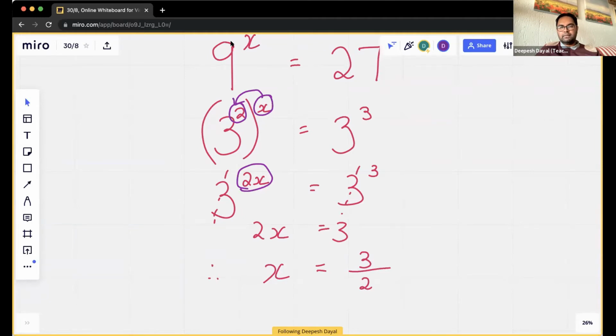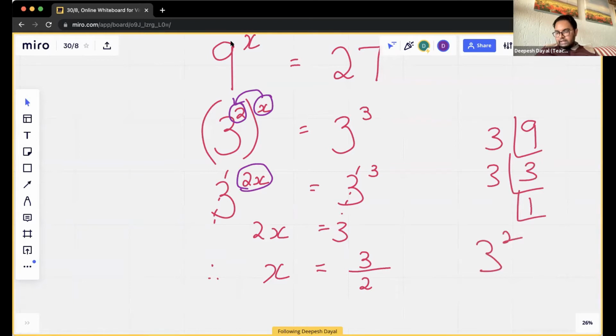So how did you get 2? 3 to the power of 2. You take your calculator, you type 9, then shift fact, and it tells you 3 to the power of 2. Or we can say 9 divided by 3 gives us 3, then 3 divided by 3 gives us 1.